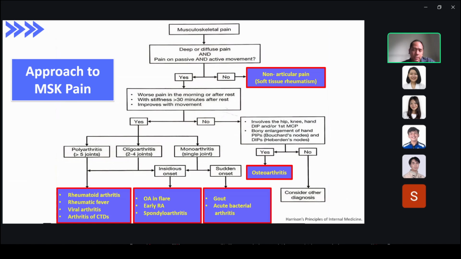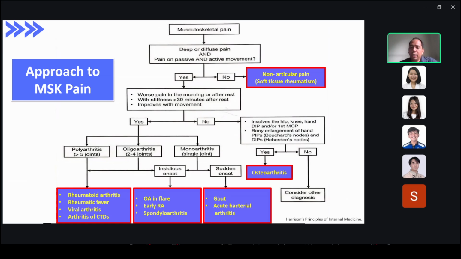If the patient has more than 5 joints involved, polyarthritis, think of rheumatoid arthritis, rheumatic fever, viral arthritis, or arthritis of connective tissue diseases. If the patient is complaining of about 2 to 4 joints, more than one but less than five, and with insidious onset, meaning chronic, it goes away, comes back, then it hurts, then goes away again. So we call that insidious onset.